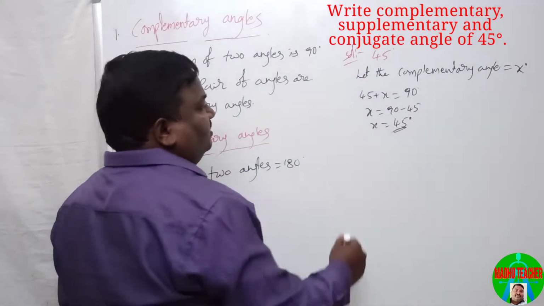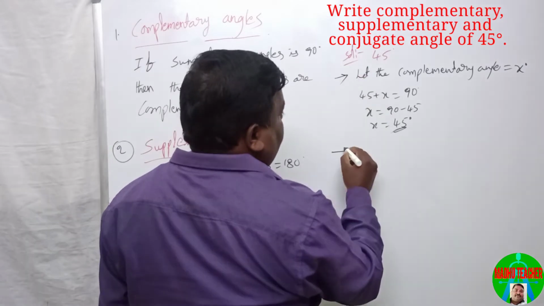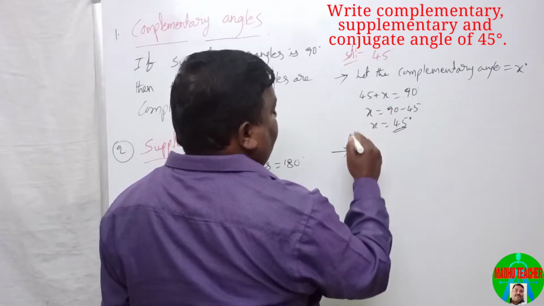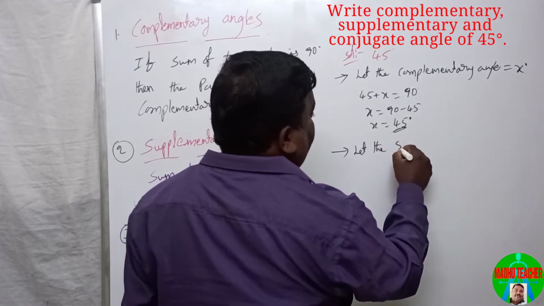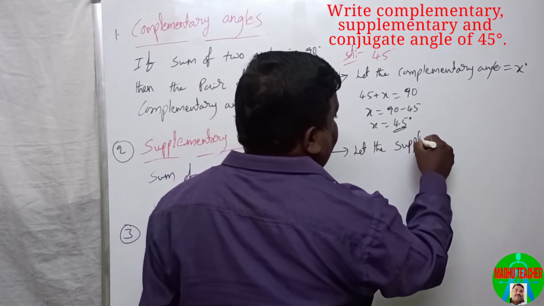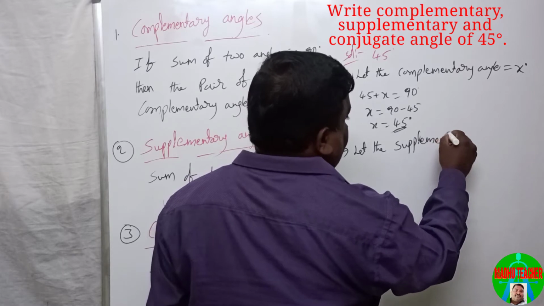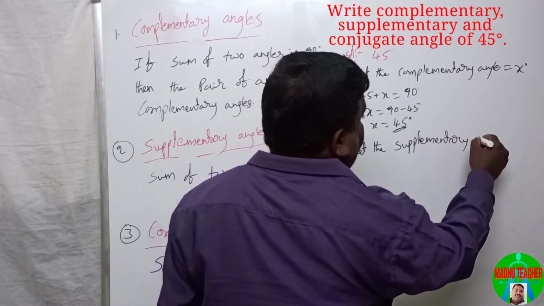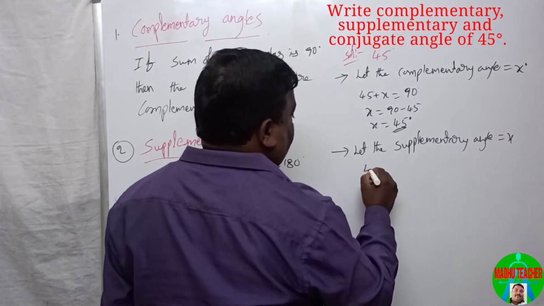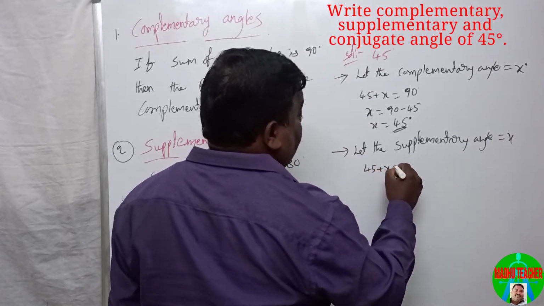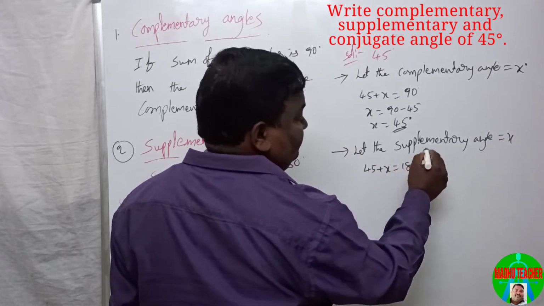Okay. So next, the second one, supplementary. We don't know the supplementary angle. Therefore, let the supplementary angle equal x. So 45 plus x equals 180 degrees.